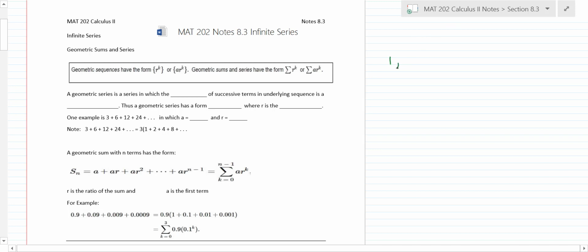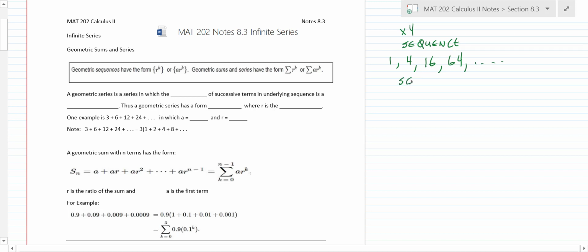Then if you multiply by the same number over and over again, so let's say we multiply by 4, 1 times 4 is 4, 4 times 4 is 16, 16 times 4 is 64. That would be a geometric sequence. And the letter R stands for that number that we're multiplying by over and over again, okay?